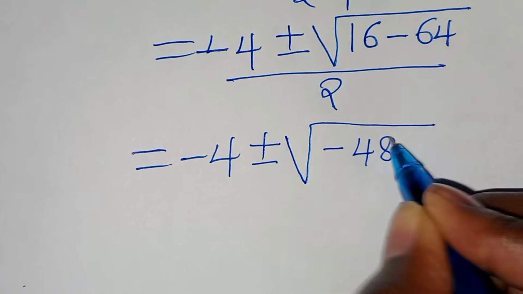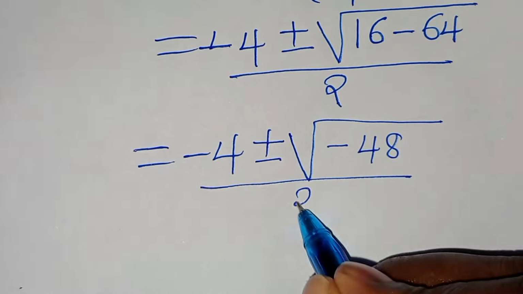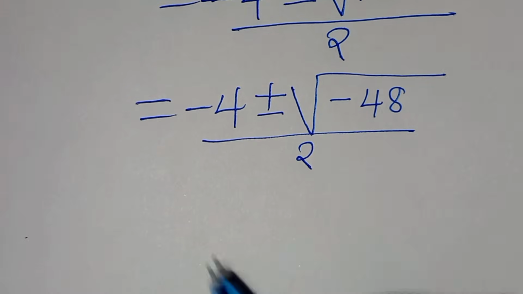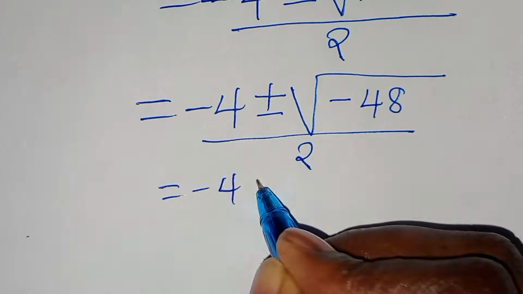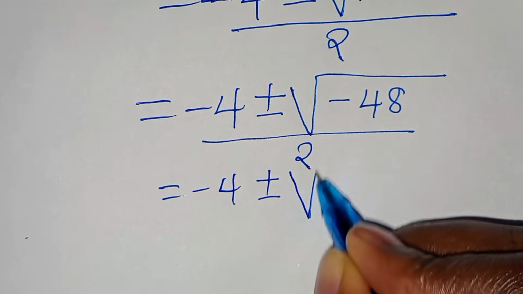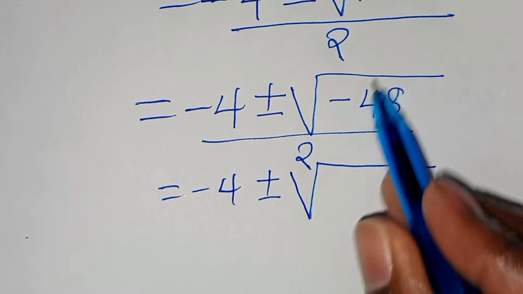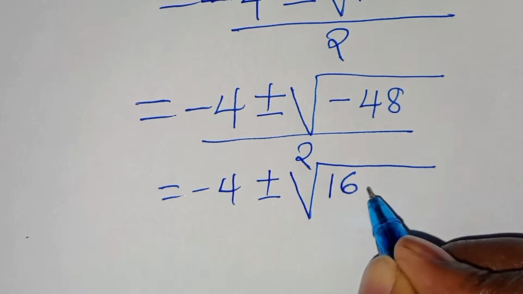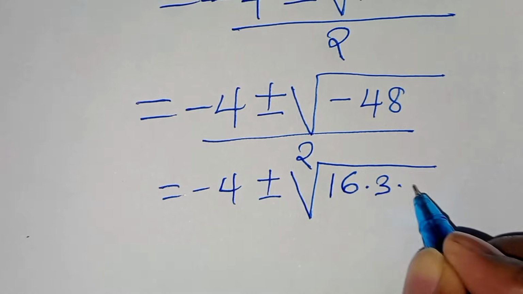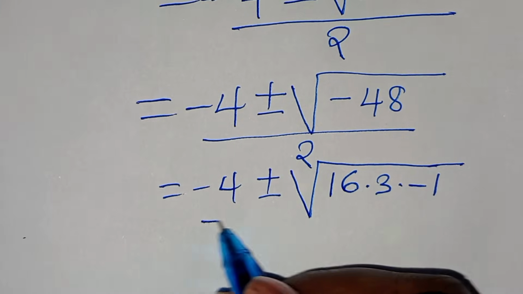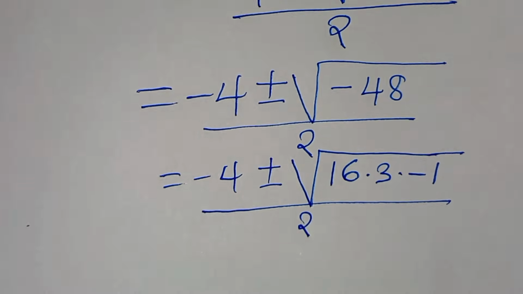This is minus 48. Everything here divided by 2. So this is minus 4 plus or minus. We can express the square root of minus 48 as 16 multiplied by 3 multiplied by minus 1. Everything here divided by 2.